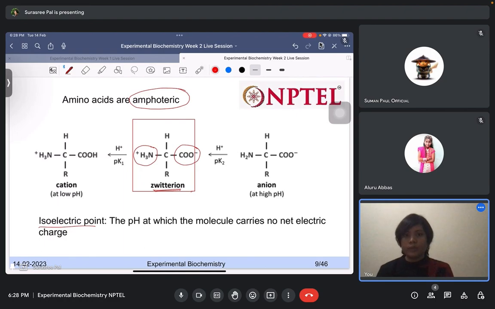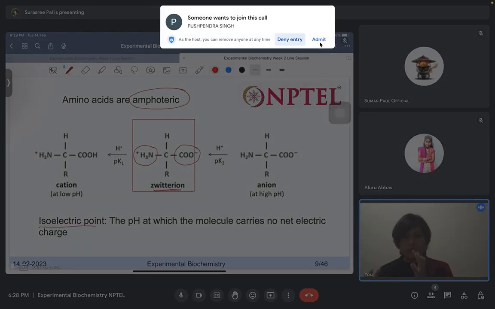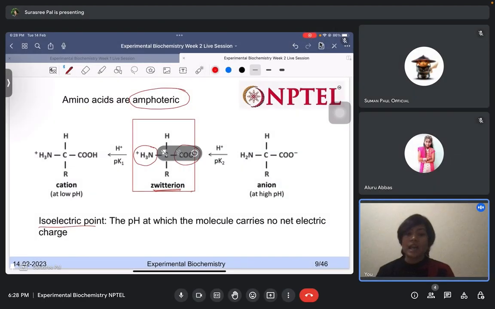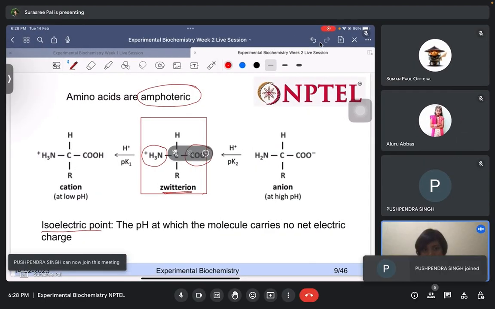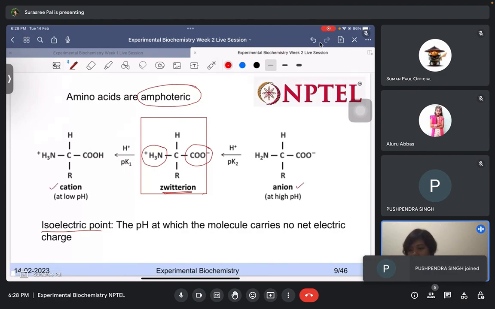And we will also see that not only this Zwitterionic form, but amino acids also exist in these two forms, as a cation or as an anion, right? So how do these structures form?